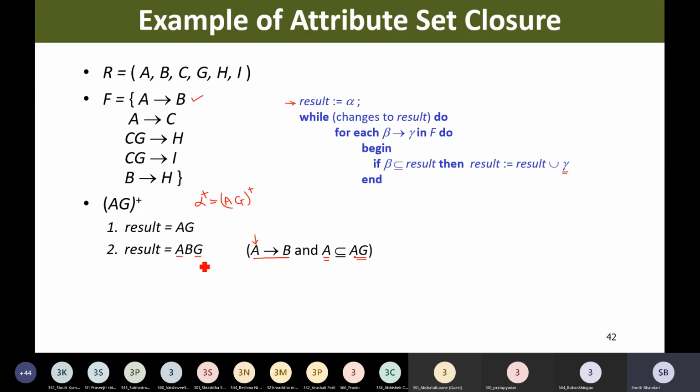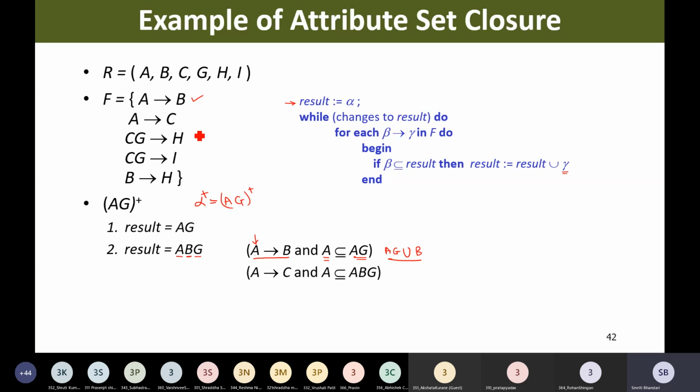So now my result gets updated. Earlier I had AG as the result. This right hand side B is added to my result. So I have AG union the right hand side, that is B, AG union B. So I'll have result equal to ABG.